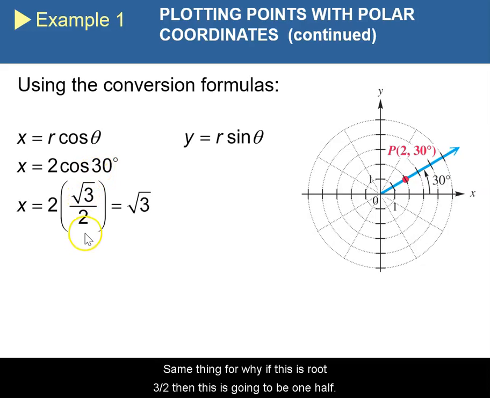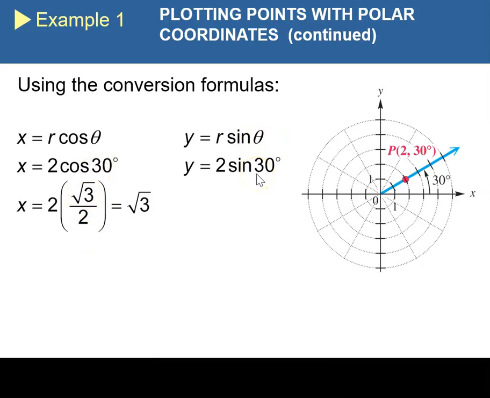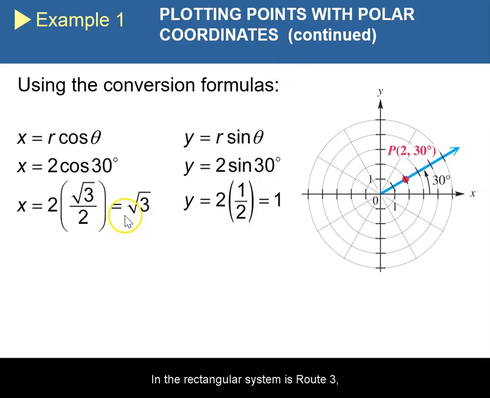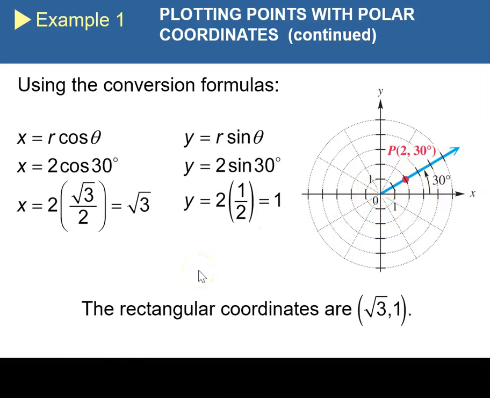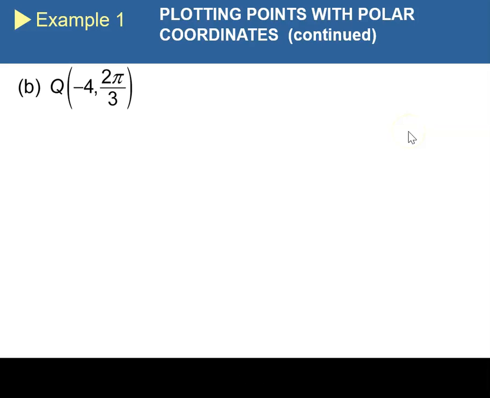If this is root 3 over 2, then this is going to be 1/2, right? So that will give me a y value of 1. Okay, so then the coordinate in the rectangular system, root 3 comma 1, is equivalent to 2 comma 30 degrees, or 2 comma pi over 6 if we're using radians, in the polar coordinate system. Okay, so these are the rectangular coordinates for that point in polar coordinates.